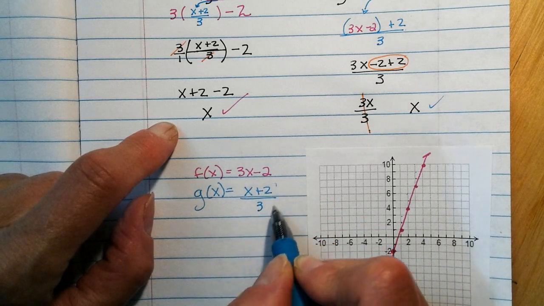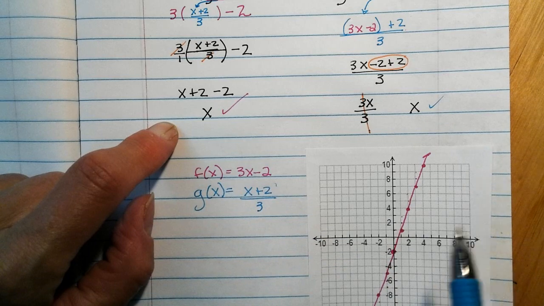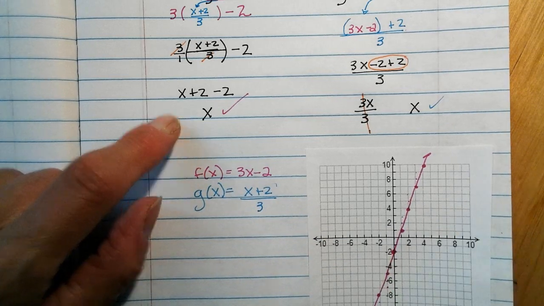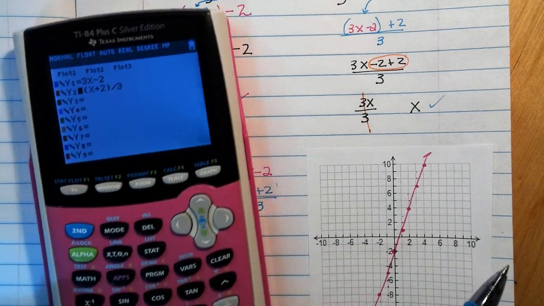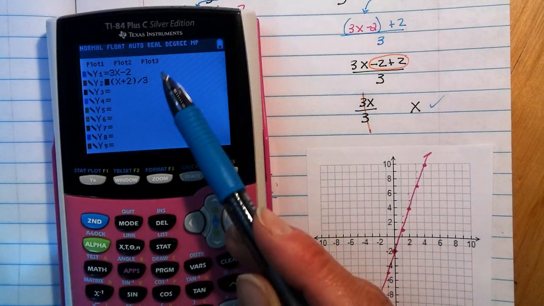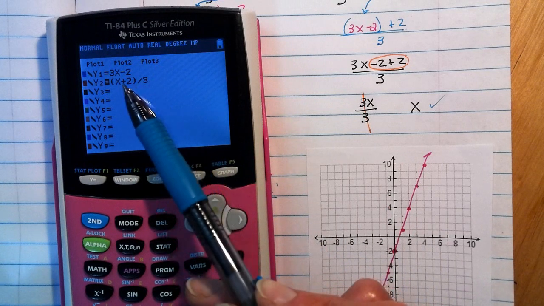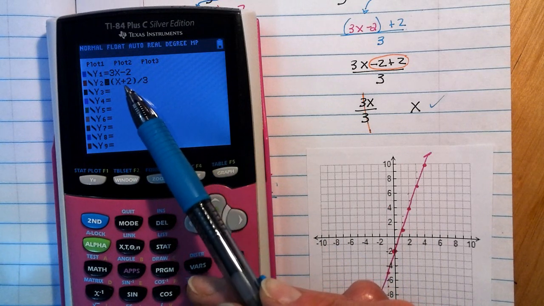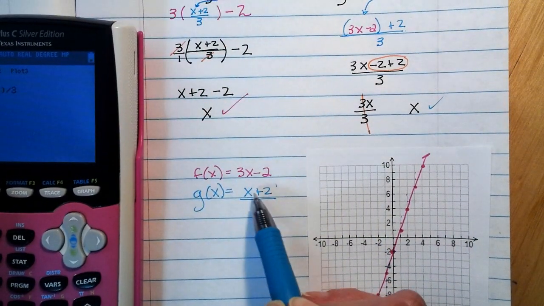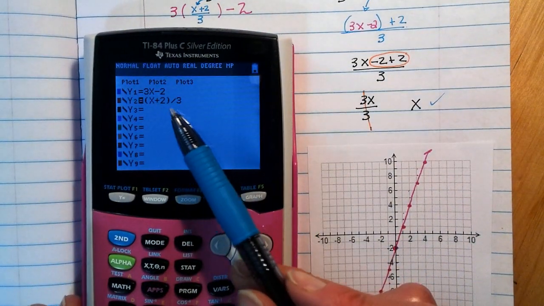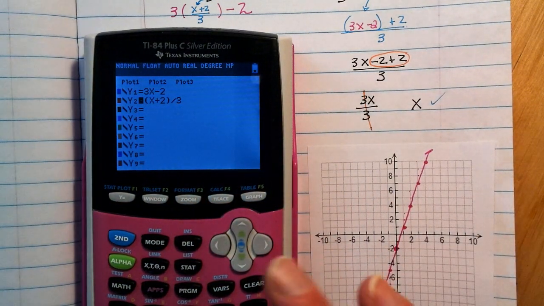This 2/3 is our y-intercept, which is going to be kind of tricky to plot. So I'd rather just get some points. So we're going to use a calculator. I've already put both functions into the calculator. I'm only going to look at the one that I'm interested in graphing. Notice I grouped my numerator. My numerator is one number, so I grouped it. There's another way you can do this in your calculator, but I don't want to get into that right now.